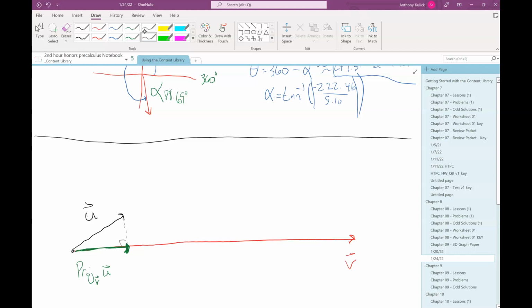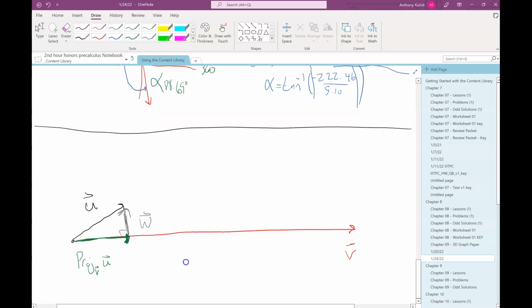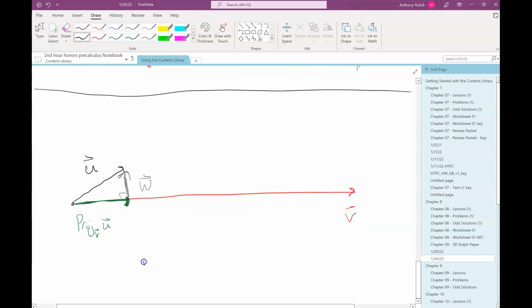So that's kind of our definition for what a projection is. And one thing I'd like to point out to you here is if we call this perpendicular side vector W, we should observe that the projection of U onto V plus vector W should be equal to vector U. That's just our definition of vector addition, right?